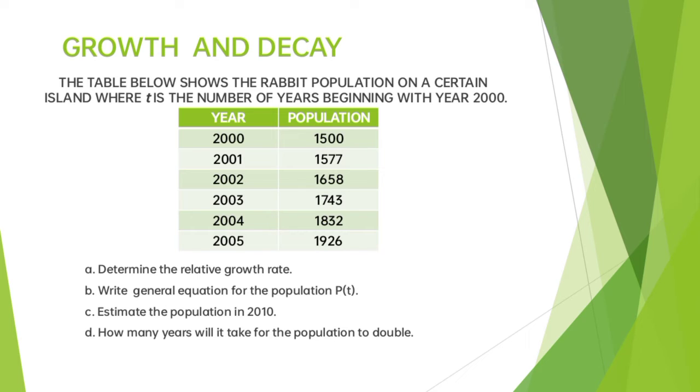What we need to find is: A, determine the relative growth rate, which is k. Then write the general equation for the population. C, estimate the population in 2010. B, how many years will it take for the population to double? So, here is my solution.